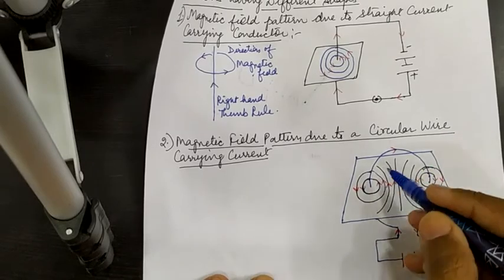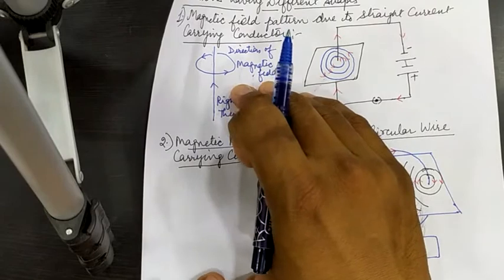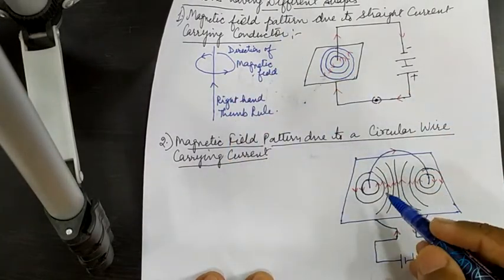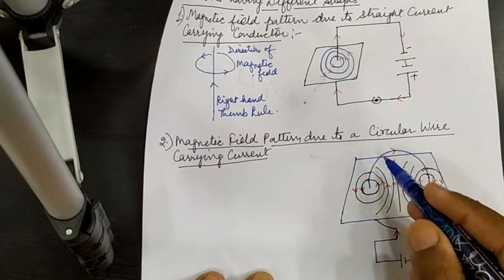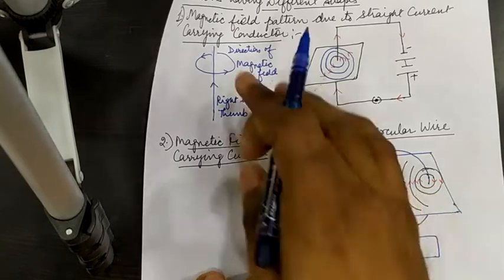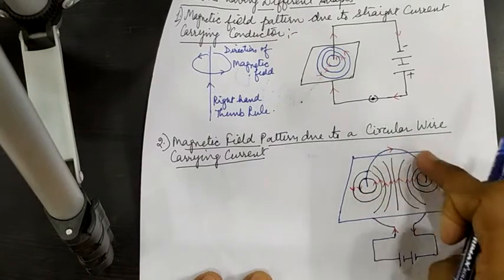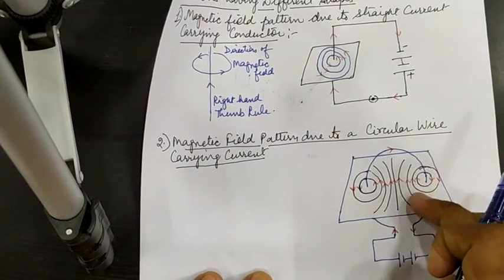The direction is given by this very concept: if current is moving upwards, then it is anti-clockwise, as you can see here and here. If it is moving downwards, then it is clockwise, as you can see here.